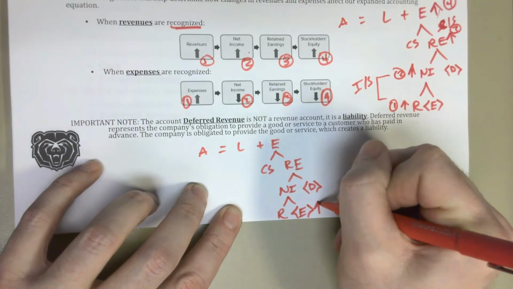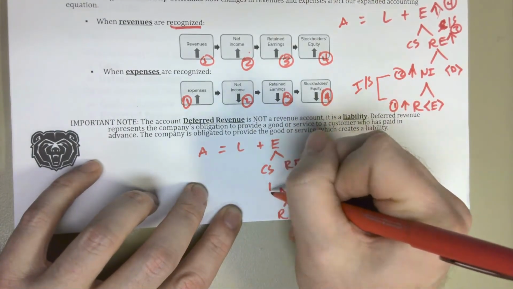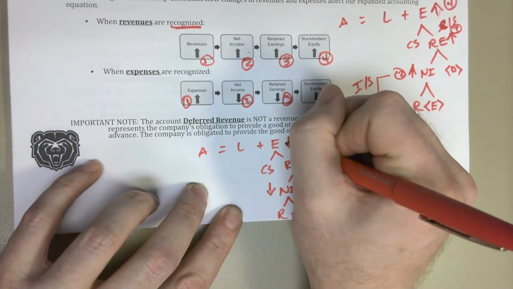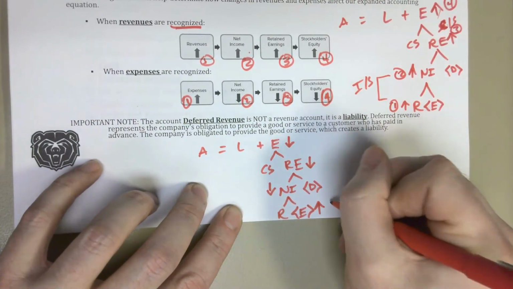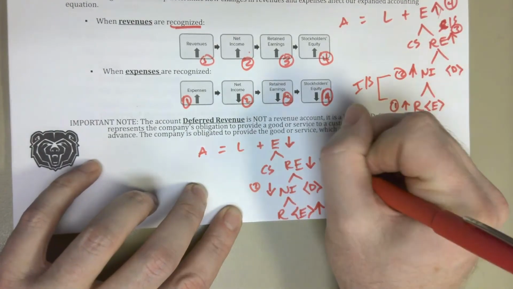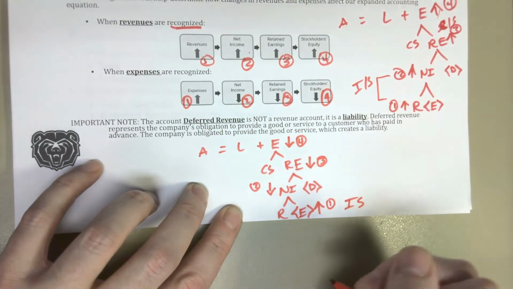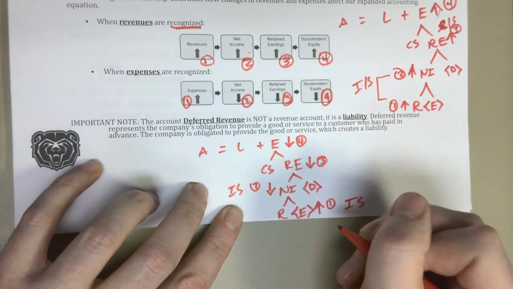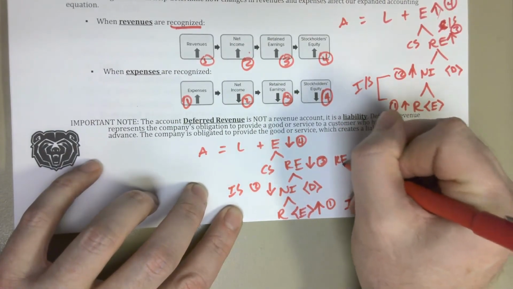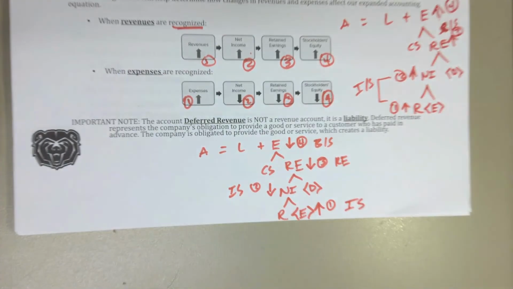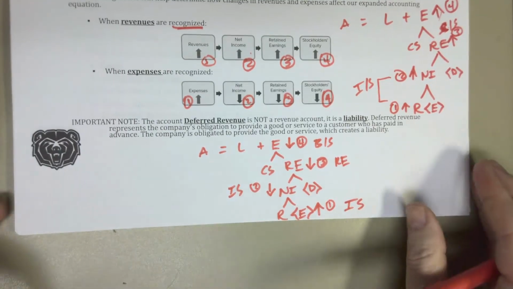So if expenses have increased, then net income's decreased and retained earnings have decreased. Stockholders' equity has decreased, right? 1, 2, 3, 4. You can follow this through. Income statement, statement of retained earnings or stockholders' equity, balance sheet, okay? So that is the way to do these, okay?